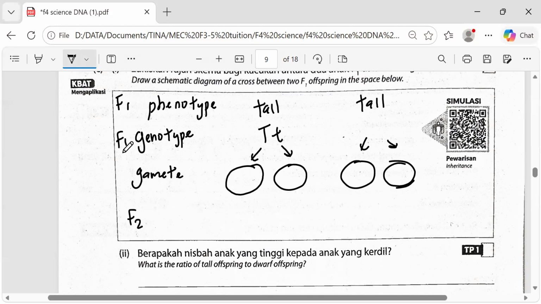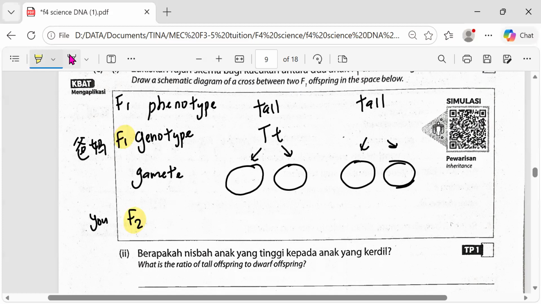So remember this one is Papa Mama. And this one is you. You are called F2. Papa Mama is called F1. You are called F2. Okay?